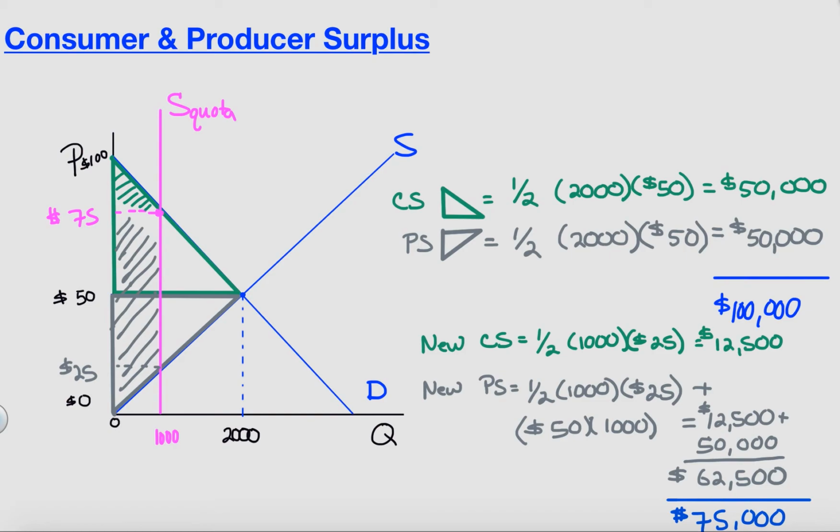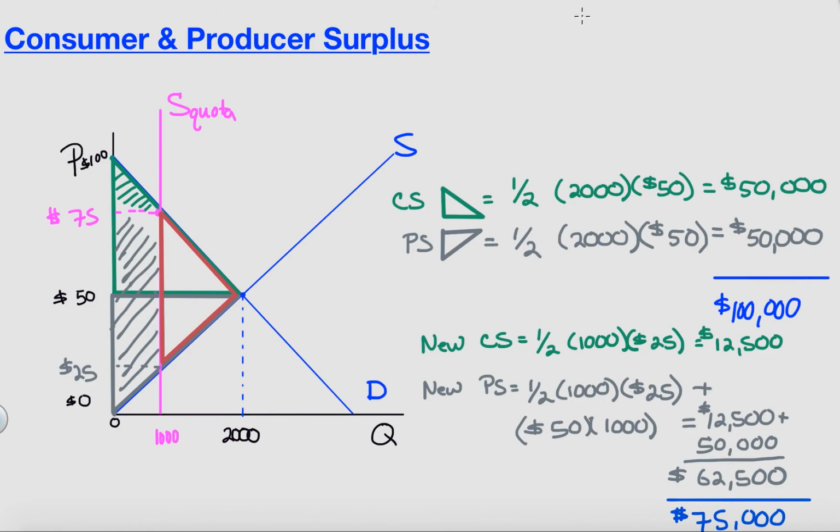Well, it went to what we call deadweight loss. This triangle over here no longer exists. The market no longer gets to this triangle. So let me do this really fast so that you can see it a little bit better. We're going to call this area right here our deadweight loss. Okay, that triangle right there is deadweight loss.